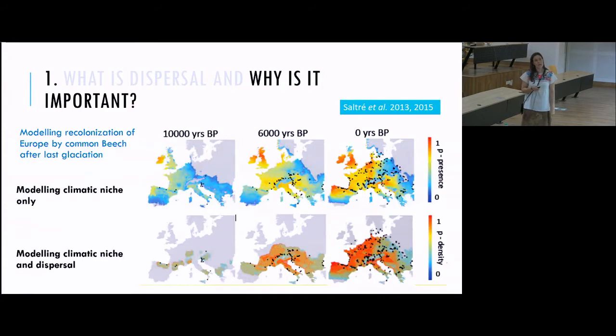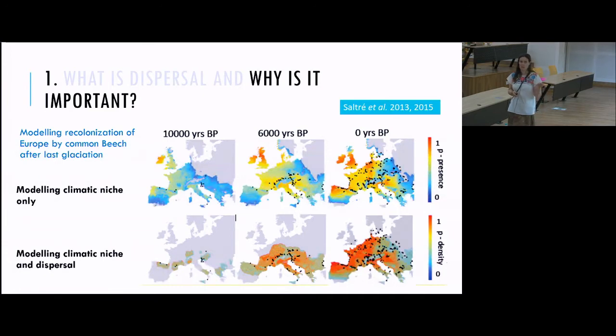You can see through time, using reconstruction of past climate and some niche model that I already discussed, if you model only the climatic niche of the species, the color code gives the probability of presence of the species through time, and the black dots are the fossil evidence of its presence across Europe in time.